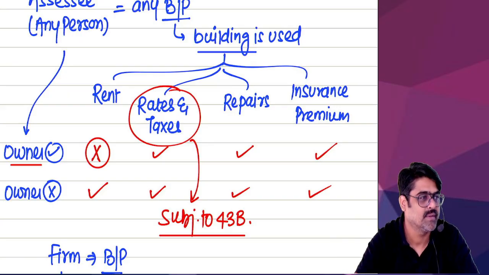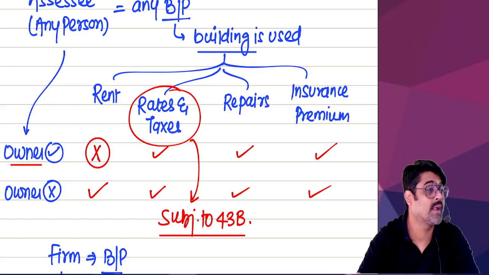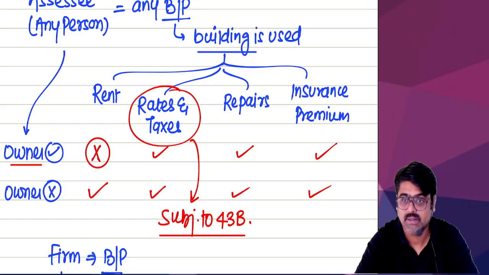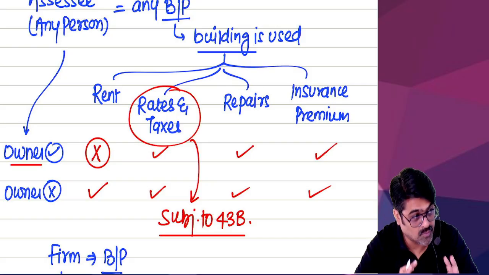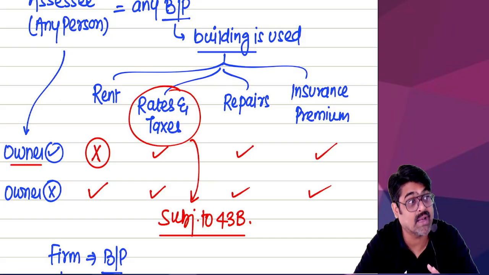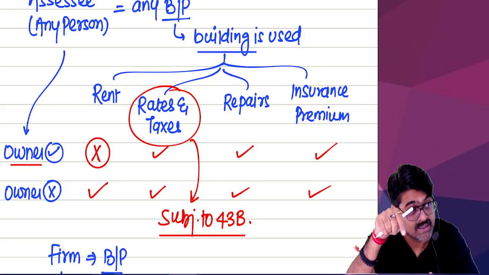Do one thing, add that repairs cost to the cost of your building and claim that in small parts in the form of depreciation. We are not going to allow that under section 30. So full deduction of that amount cannot be claimed at once under section 30.